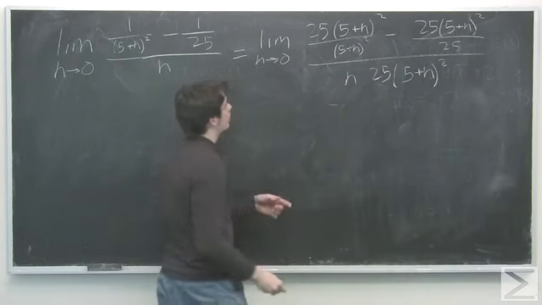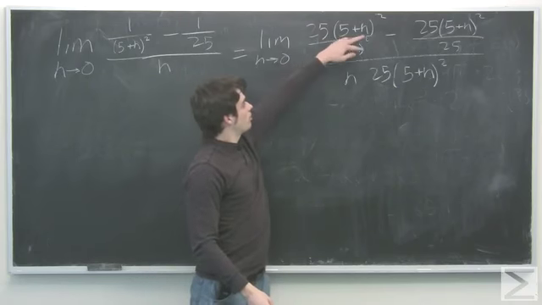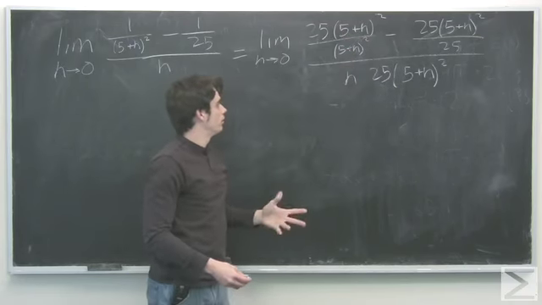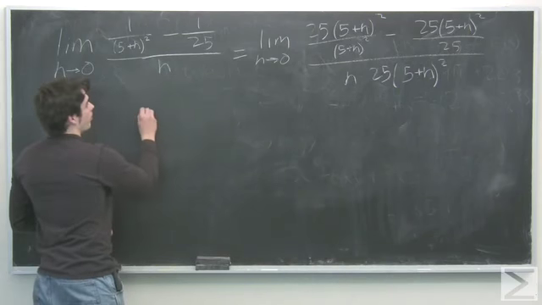So from here, we're going to see that in the numerator, some of these terms are going to cancel. It's going to make our life a lot easier in this problem.